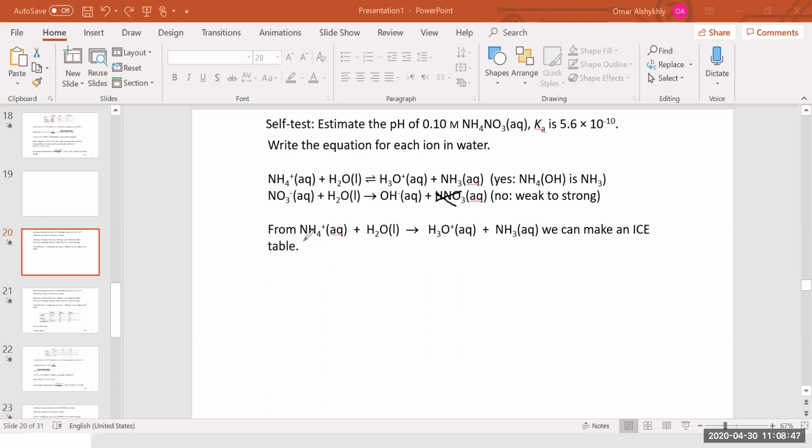So we have NH4 positive reacted with H2O, giving us H3O positive plus NH3. So we can make an ice table for it.